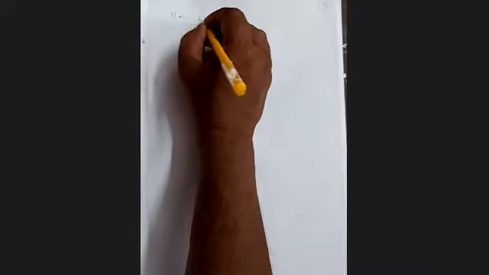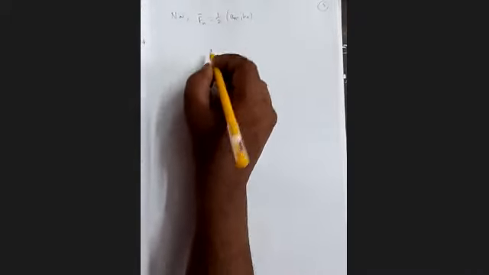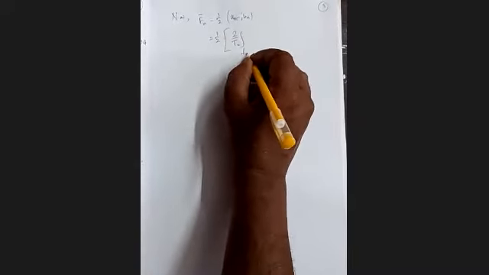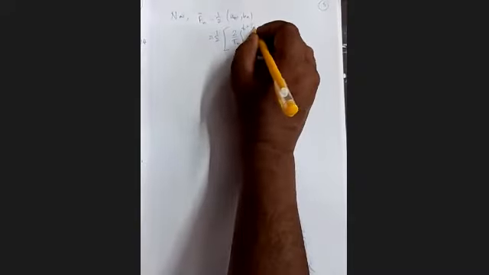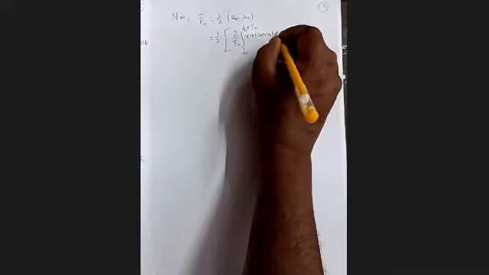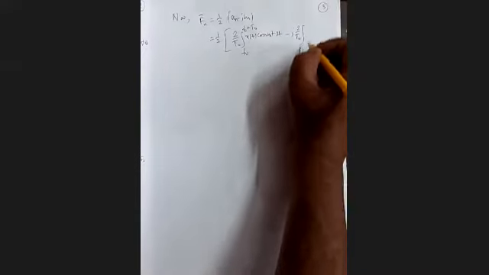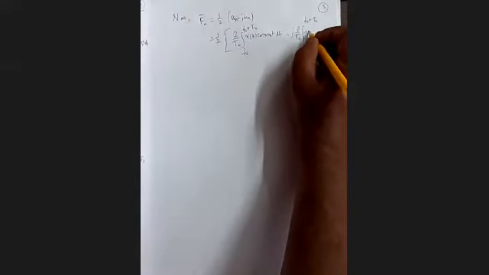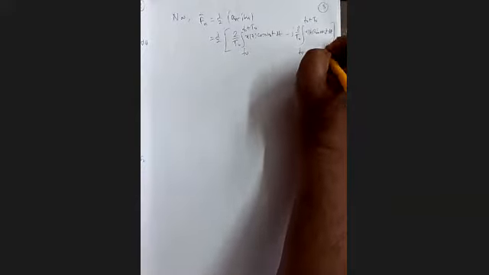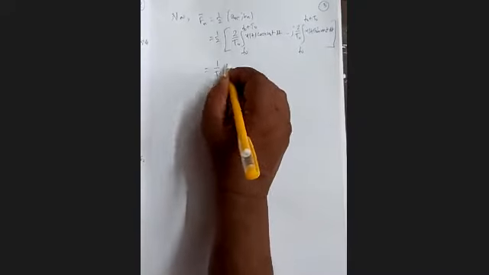Now, what is our Fn bar? It is half of an minus j bn. Half of an is 2 by T0 integration from t0 to t0 plus capital T0 x(t) cos n omega 0 t dt, minus j bn is 2 by T0 integration x(t) sin n omega 0 t dt, or 1 by T0 integration.